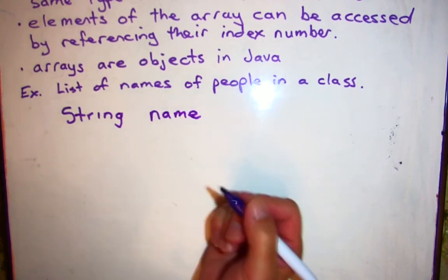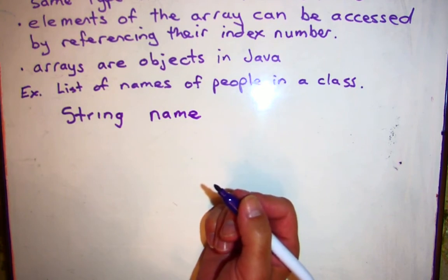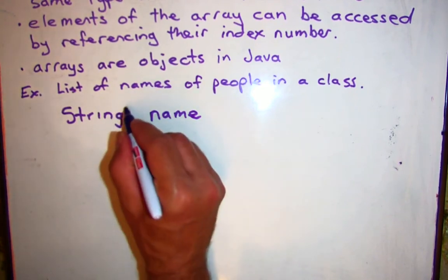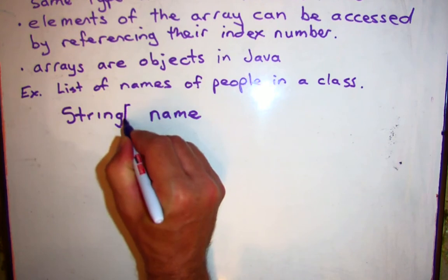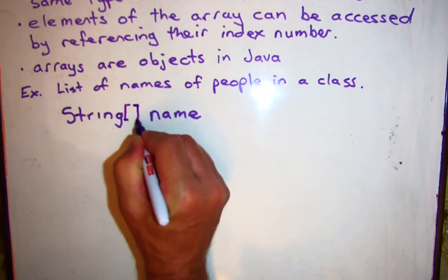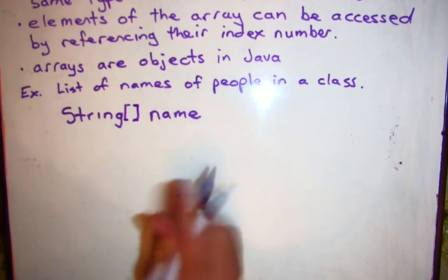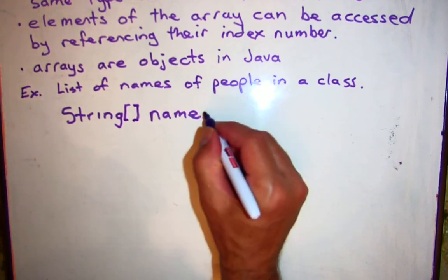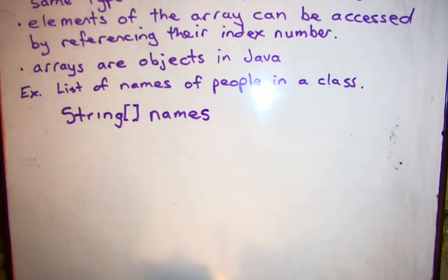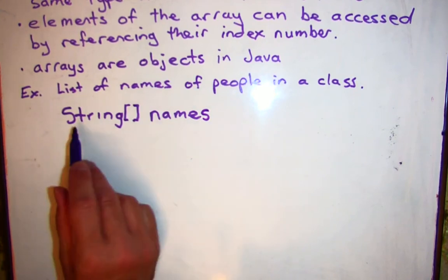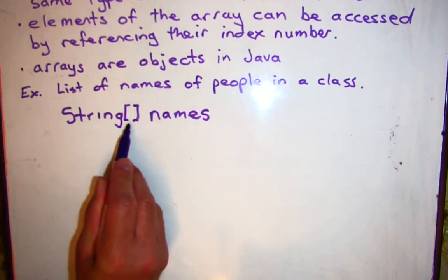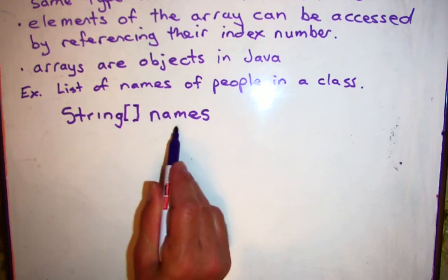If I want to make a list of those, what I do is I just say square bracket after String. So those are square brackets. And I'm going to just call it names, plural. So there's a space there. So the data type is String, and it's an array of strings, and the name is names.